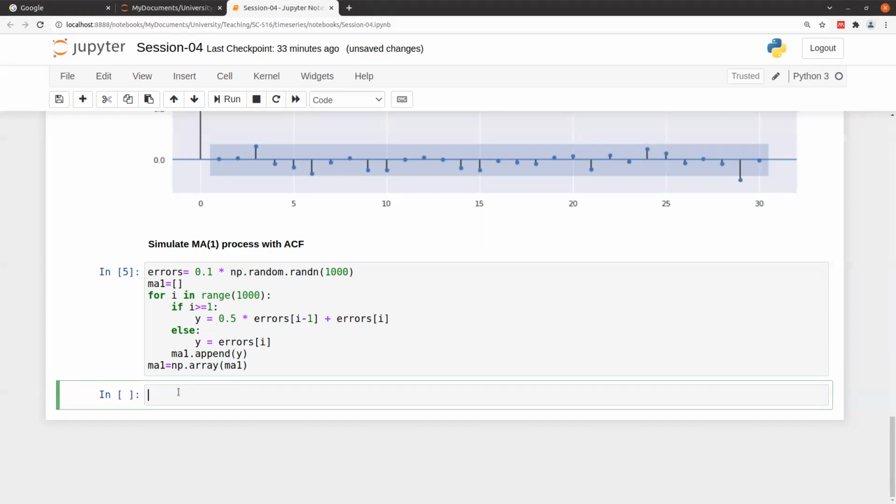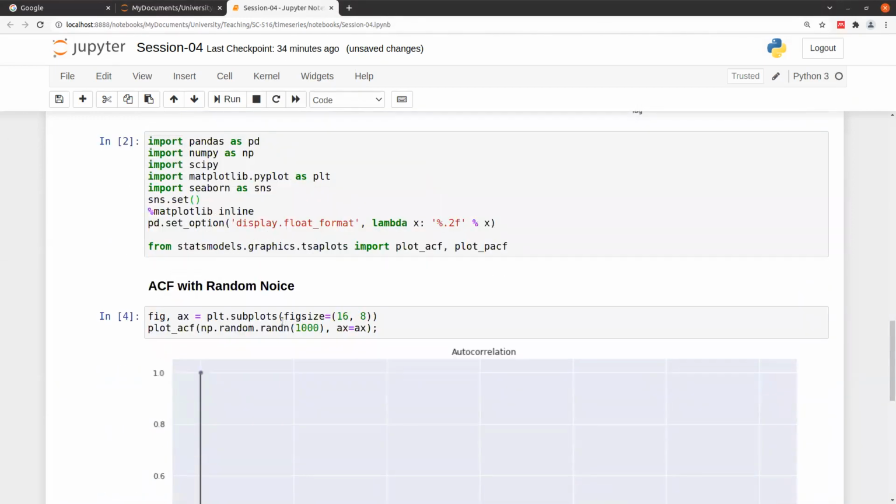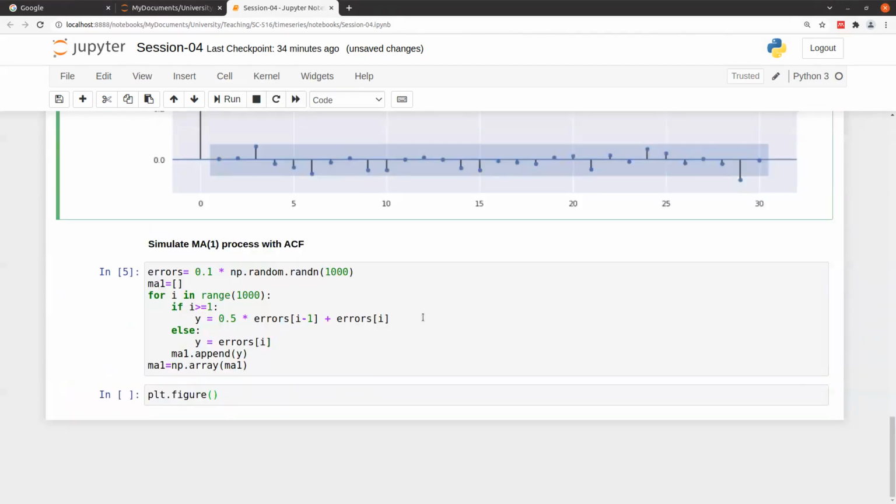Okay, then let's plot it. PLT, you can get a figure. Then set some fixed size. I'm just going to copy the previous one. It's easy, otherwise it's time consuming.